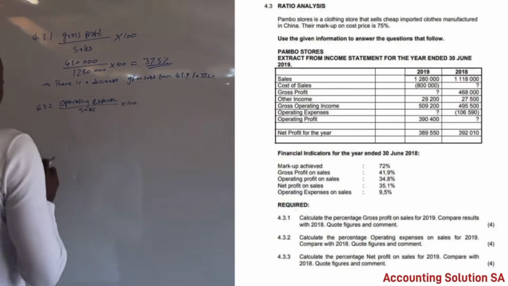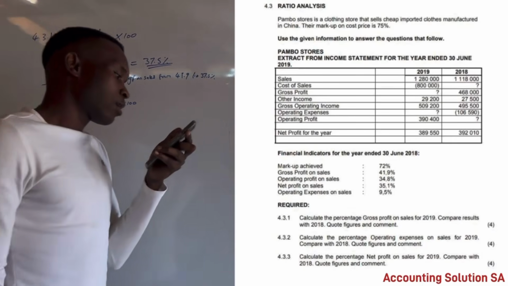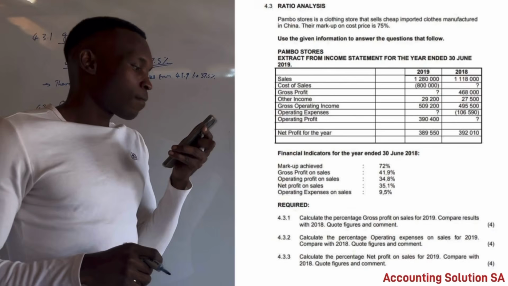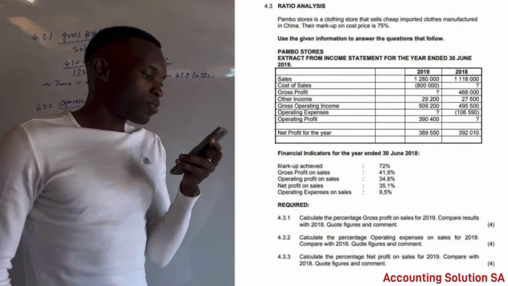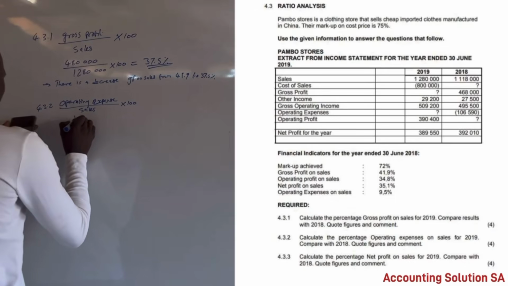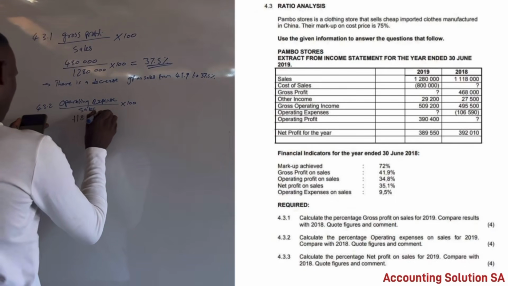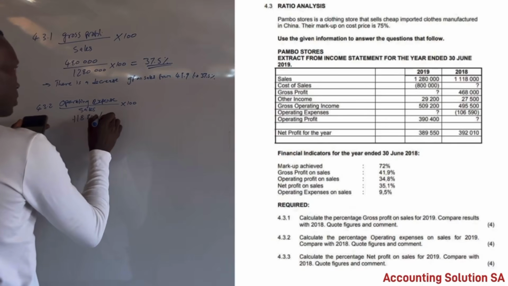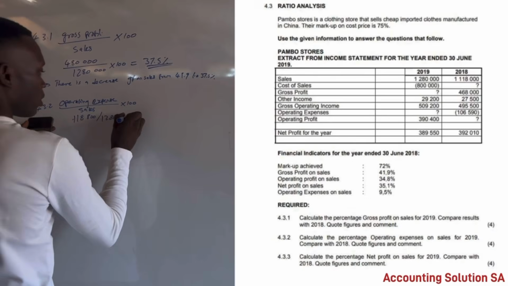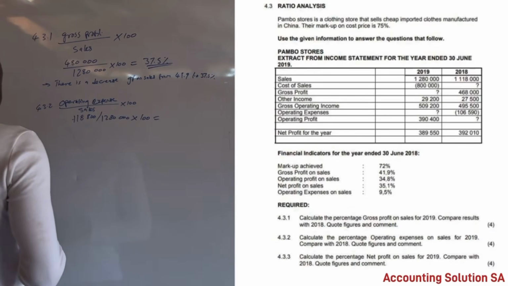Our operating expense is not given, but it's simple to calculate. You just take gross profit of 409,200 minus operating profit of 390,400. Then it's going to give you 118,800 and you divide it by sales of 1,280,000 and you multiply by 100.